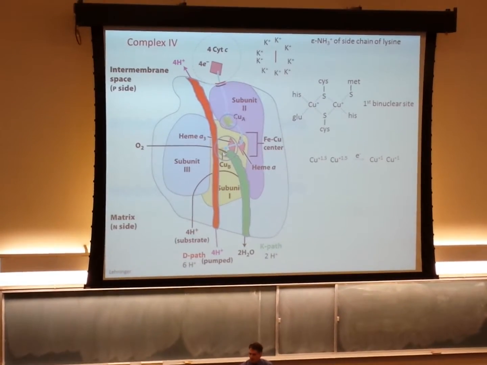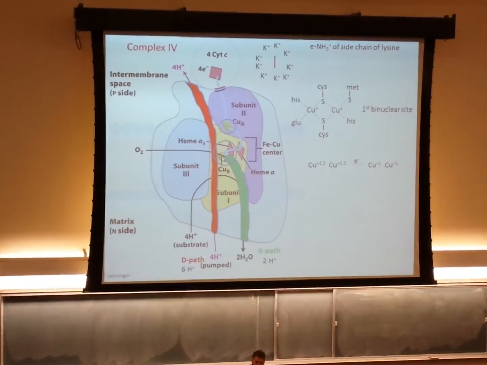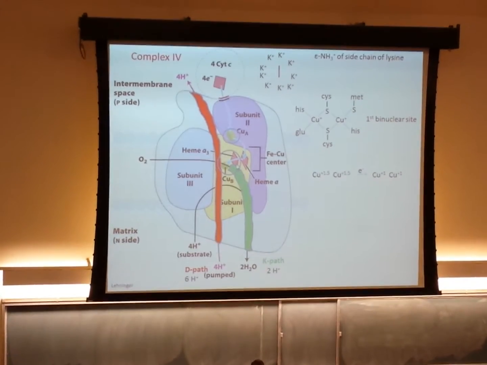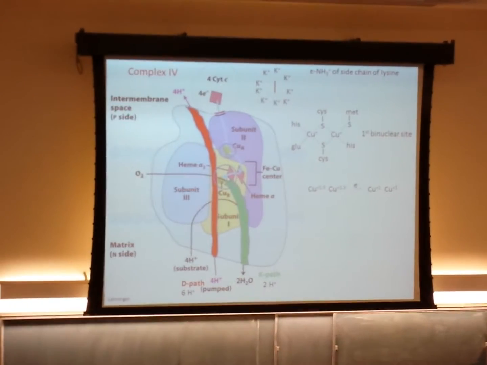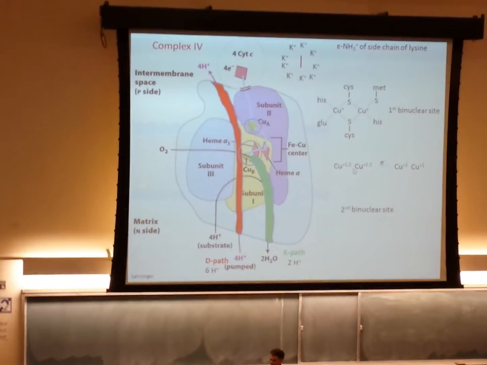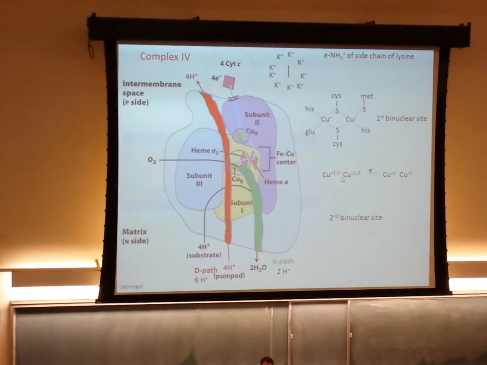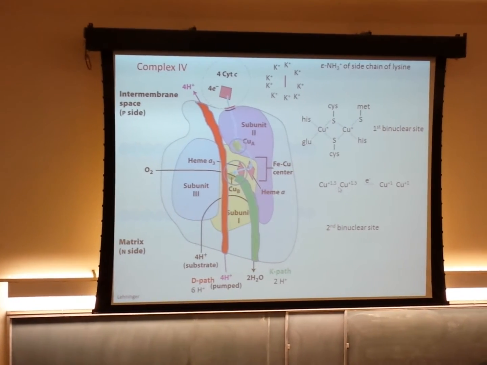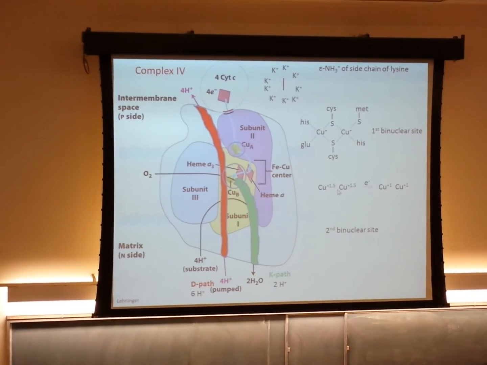This copper is called CuB. These two coppers here, this whole thing is called CuA. But they're so close that analogous to this situation here, they work as a second binuclear site. And this is where the chemistry is occurring that oxygen is going to bind and get reduced to water.